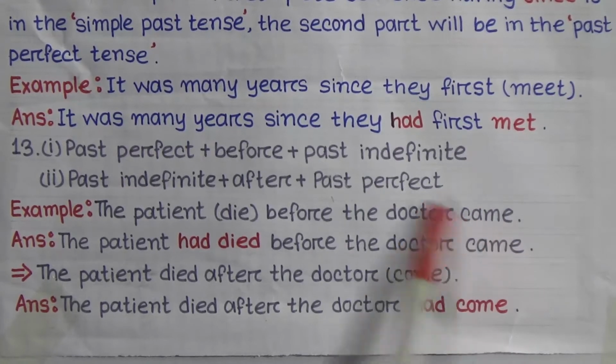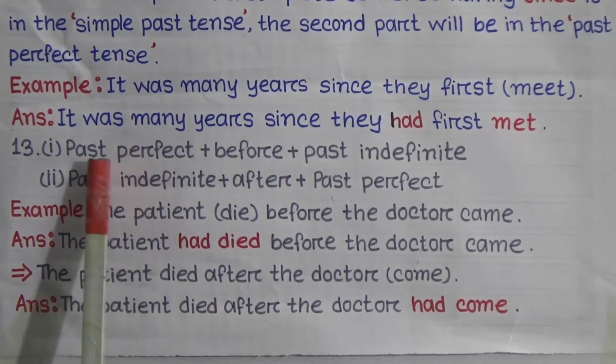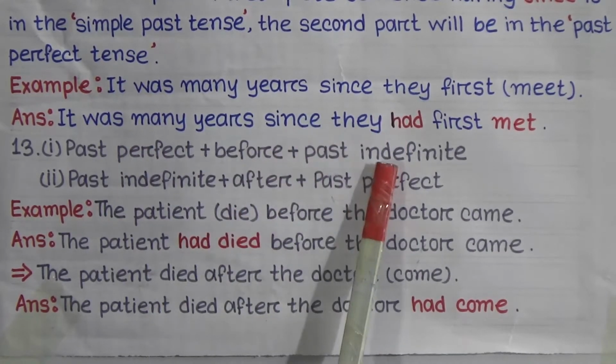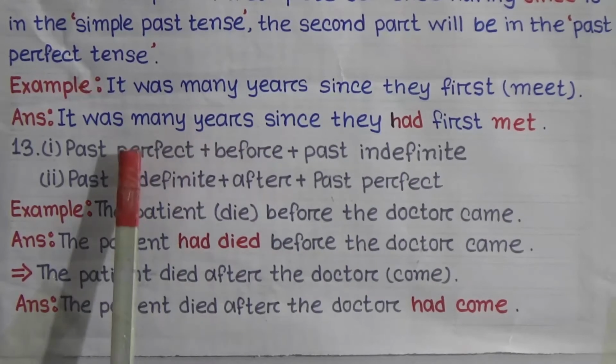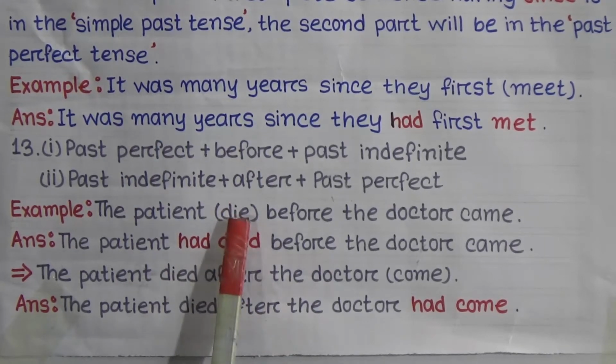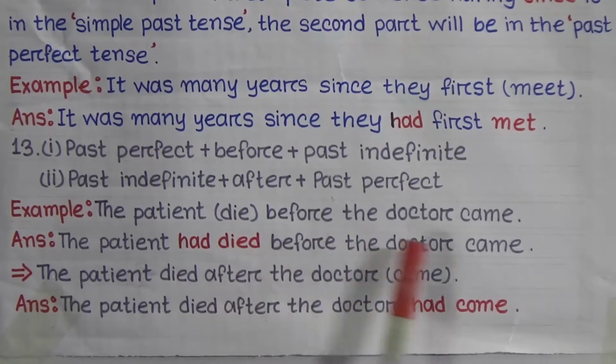So if we find came, what we have to write in first part? We know according to rule, past perfect. So die will be had died. The patient had died before the doctor came.